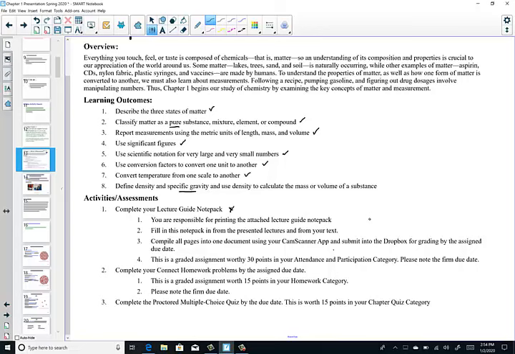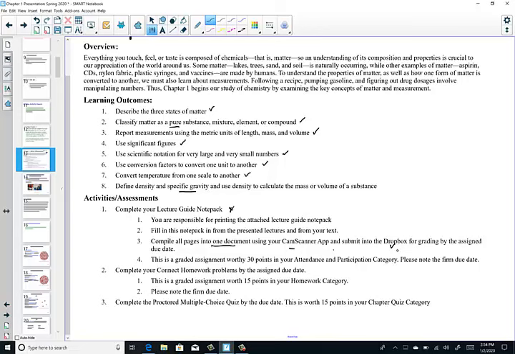Now, the presented lectures may be in a face-to-face setting, or they may be in an online setting, depending upon your class mode. You'll compile all pages into a single document, one document for submitting, and that's where you use your CamScanner app, and you're going to drop that into our assigned Dropbox by the date.